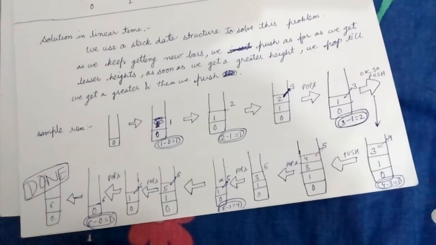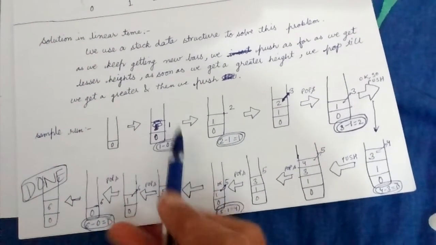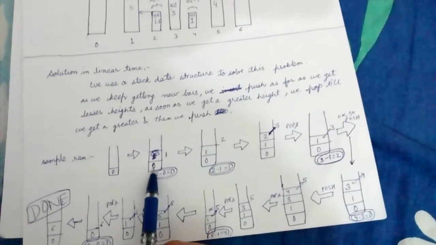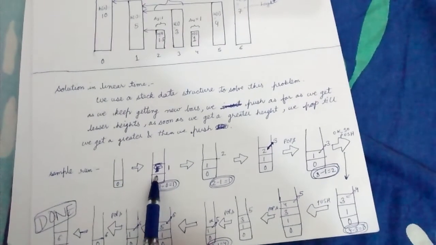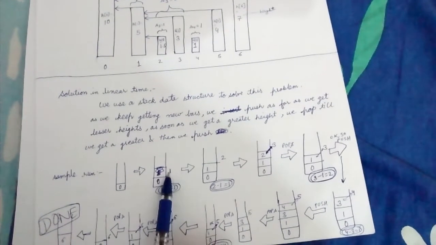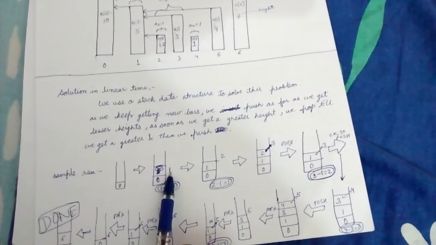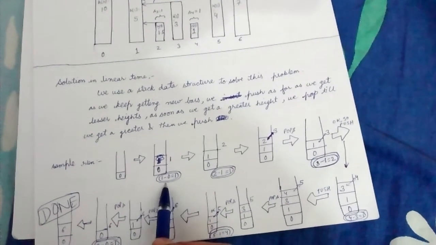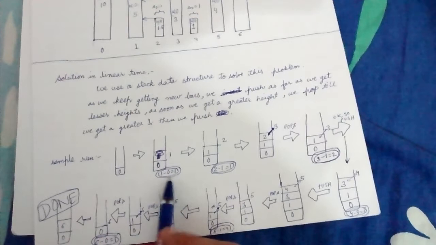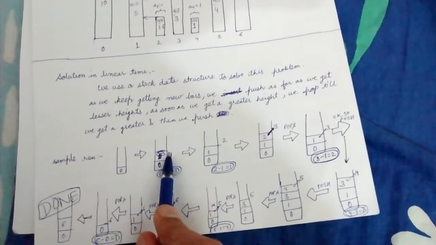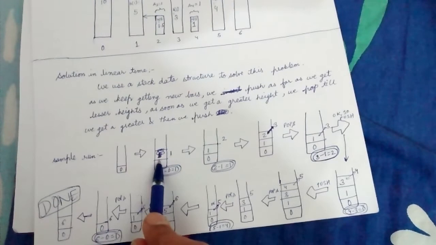And one more important thing, each time we are pushing an element, that means we have obtained a greater element as the top of the stack. That's why we are pushing this element. So at that time we can output the value of Si as the index which is kept aside minus the index which is on the top of the stack.